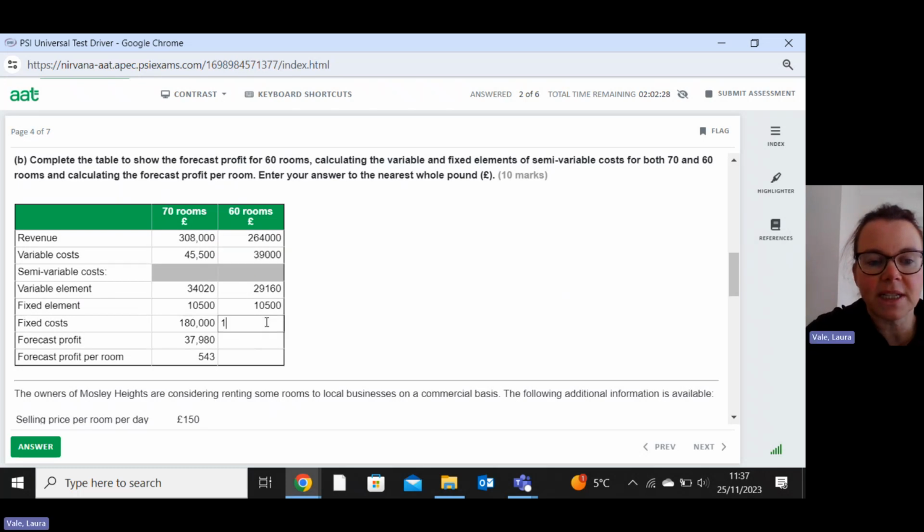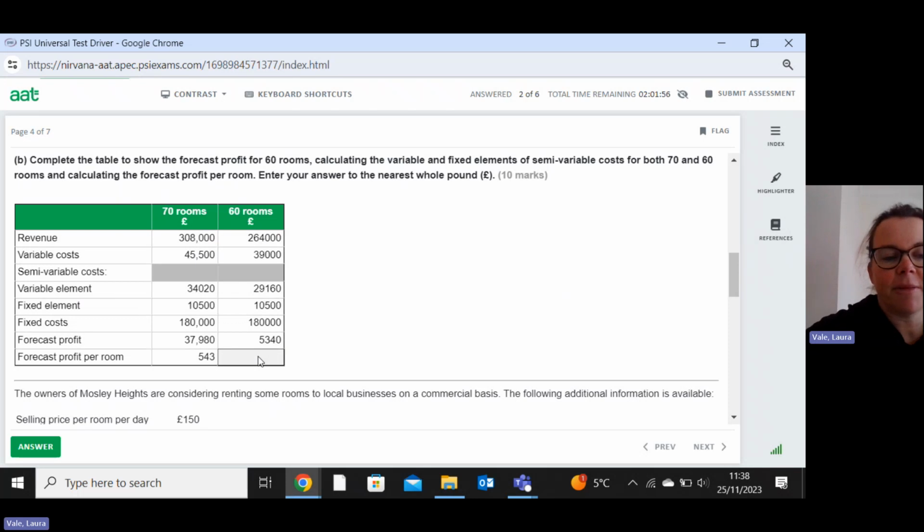Fixed costs are obviously fixed, so they are going to stay exactly the same. So now we can work out our forecast profit for 60 rooms. So it's going to be my revenue minus all my costs. So 264,000, subtract 39,000, subtract 29,160, subtract 10,500, subtract 180,000 gives me 5,340.